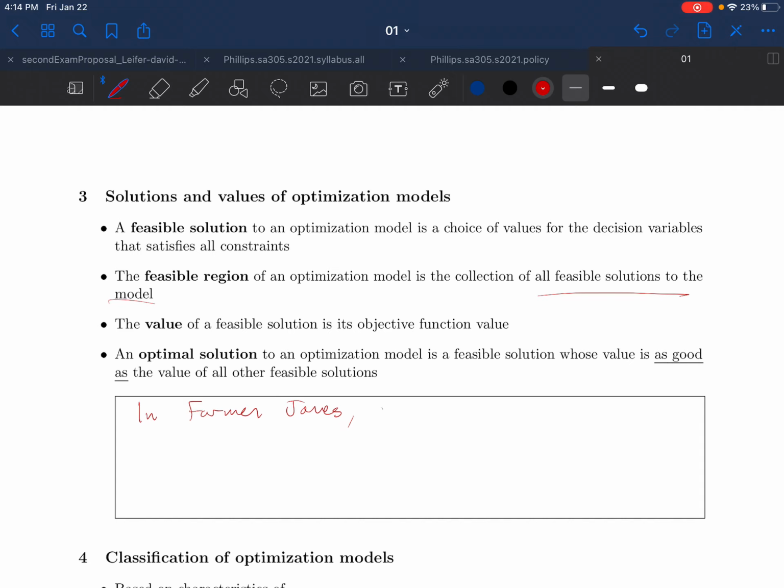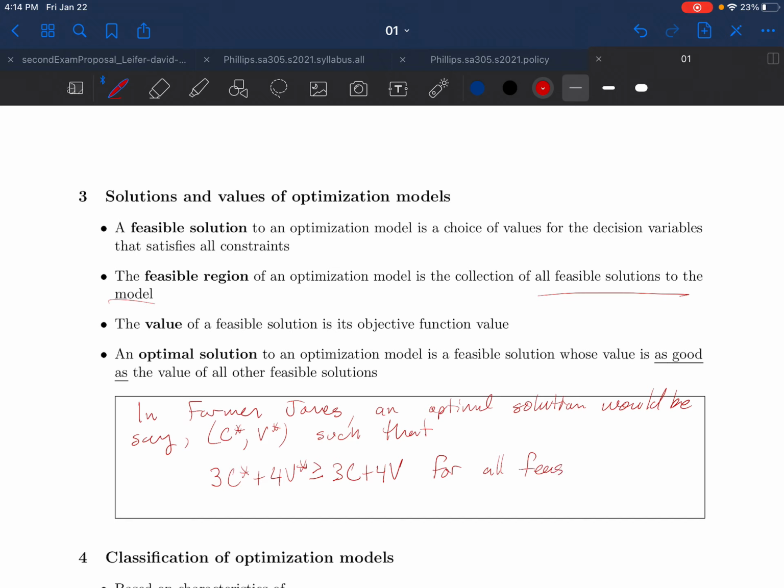this would be say a C star, V star pair such that, well, its objective value, so that was 3C star plus 4V star, would have to be greater or equal to 3C plus 4V for all feasible C, V pairs.